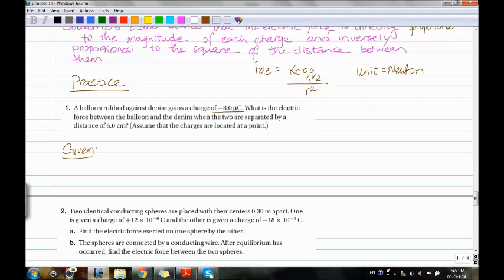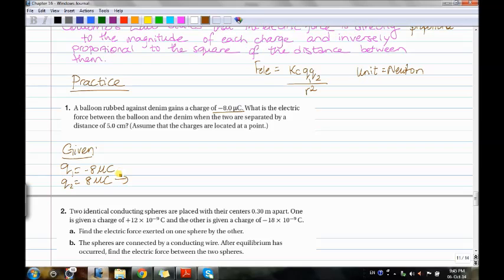We have -8 microcoulomb. So the Q1 would be -8 microcoulomb and the Q2 would be +8 microcoulomb.